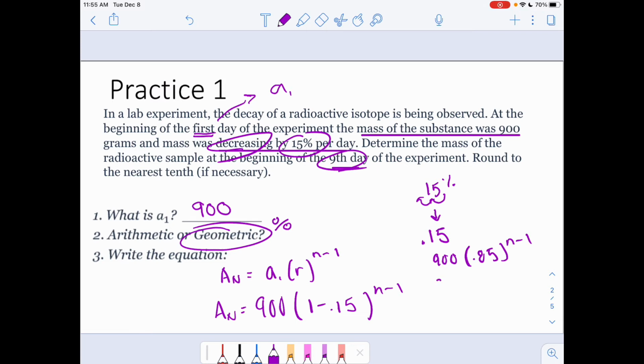Now I'm going to plug in that 9. Type it into my calculator, and see that at the beginning of the 9th day, the mass of the sample, A sub 9, is 245.24, which rounded to the nearest tenth is simply 245.2.